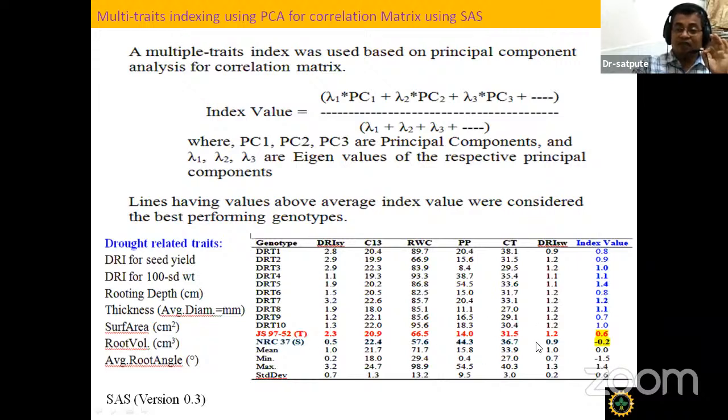But if you have a tolerance check, anything above this 0.6 value is even better, which you can consider as a candidate parental line, or if it is performing really good in field conditions, then go for releasing as a cultivar.